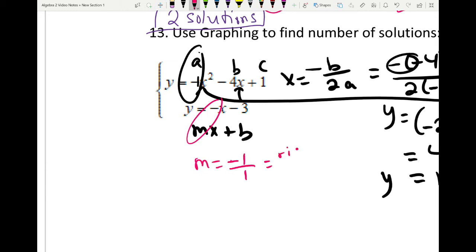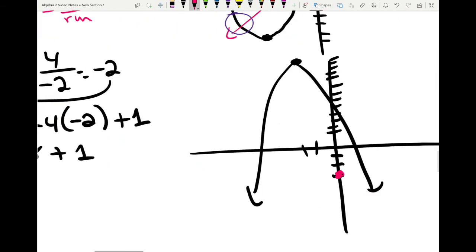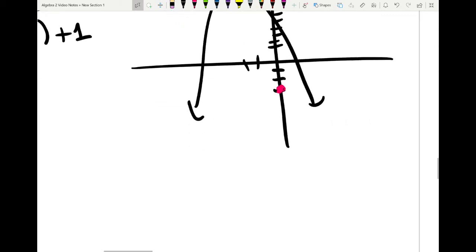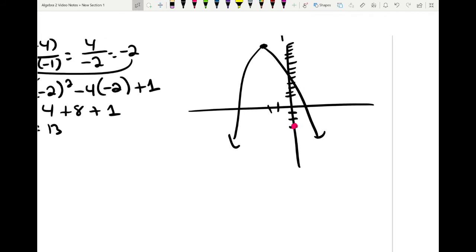Remember, this is rise over run. So you're going to go down 1, over 1. Let me adjust just real quick. Down 1, and then over 1.